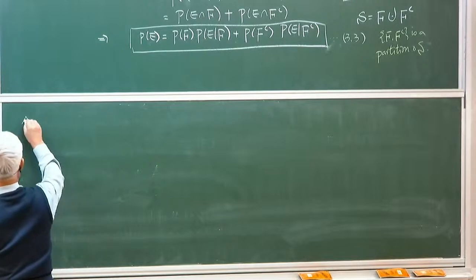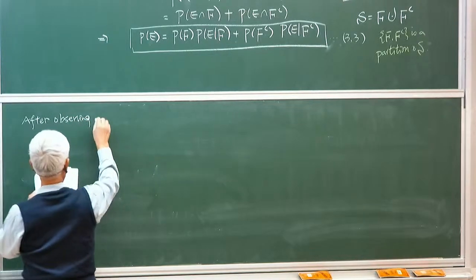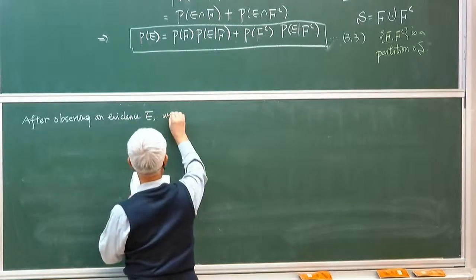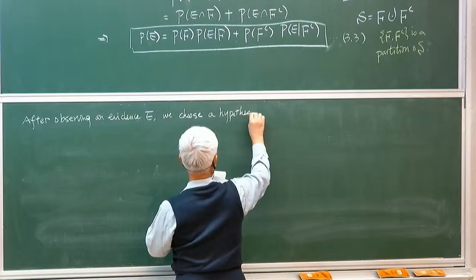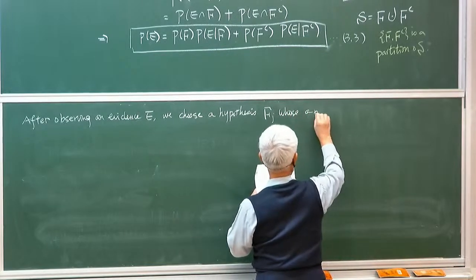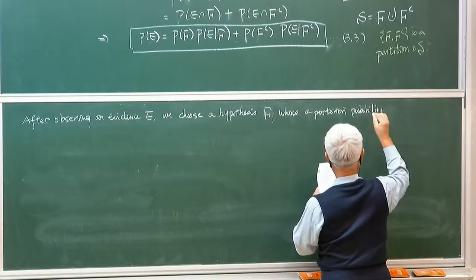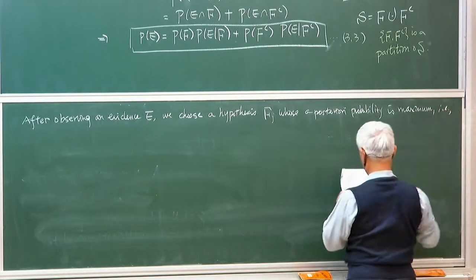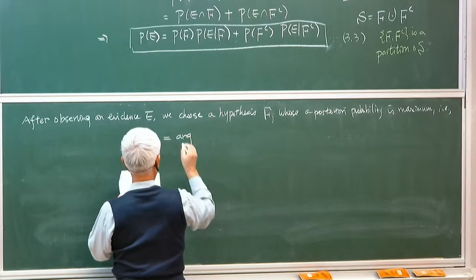Now, after observing an evidence E, we choose a hypothesis Fj whose a posteriori probability is maximal, i.e. we will find a suspect Fj by using the following formula.